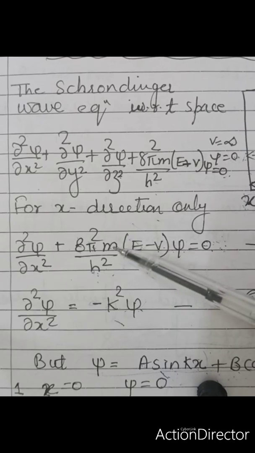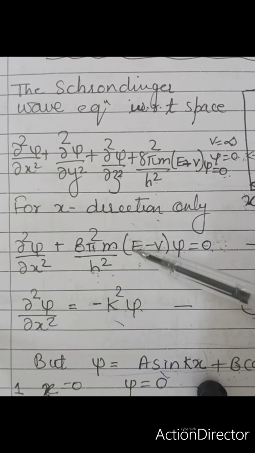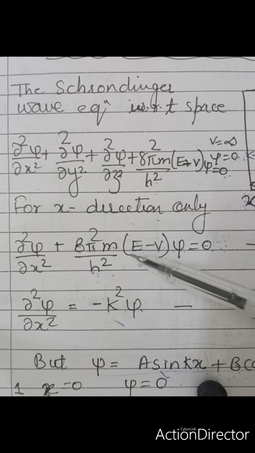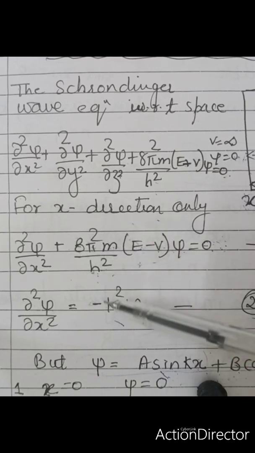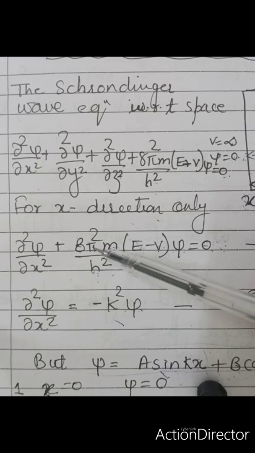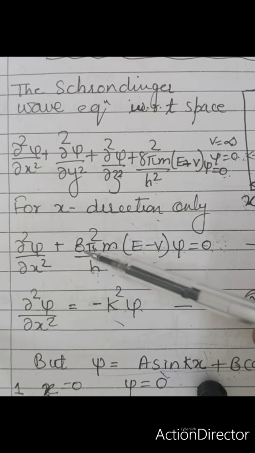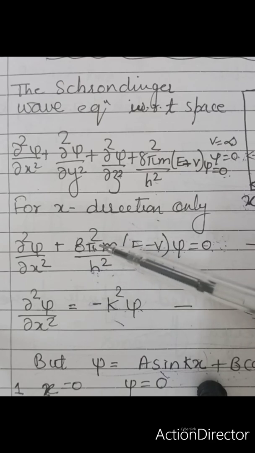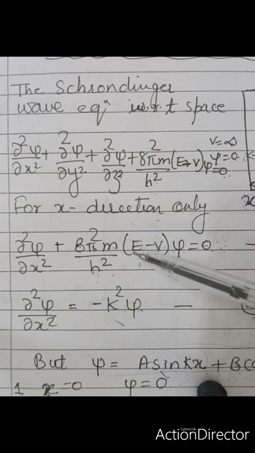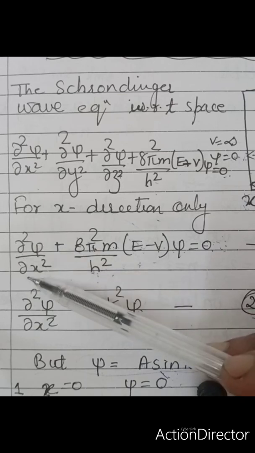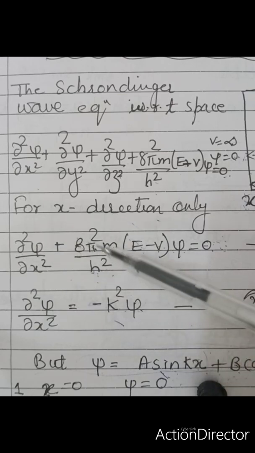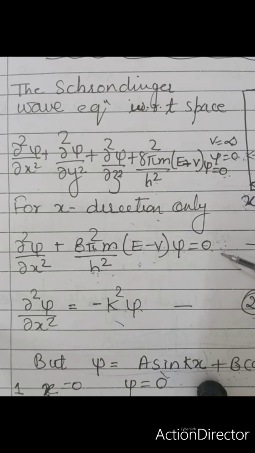Now m is constant, h is constant, and energy E will be constant here. So all these constants I will be replacing by k square. It is a constant which is independent of x, such that k square is 8 pi square m E upon h square. So here you will get the equation del square psi by del x square plus k square psi is equal to 0.